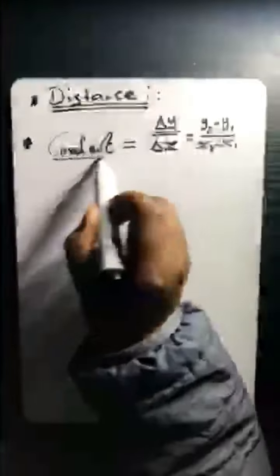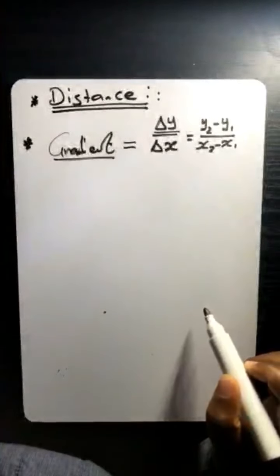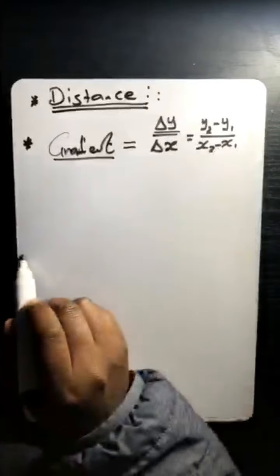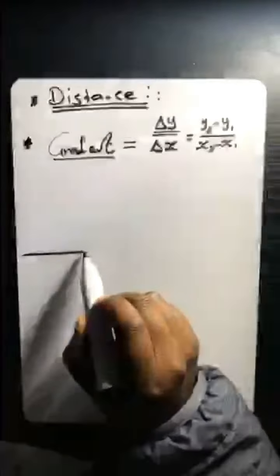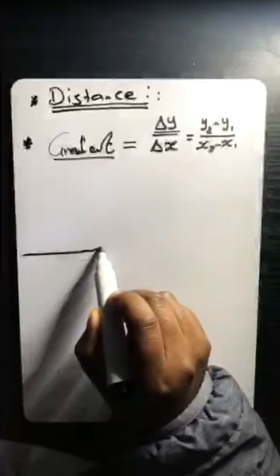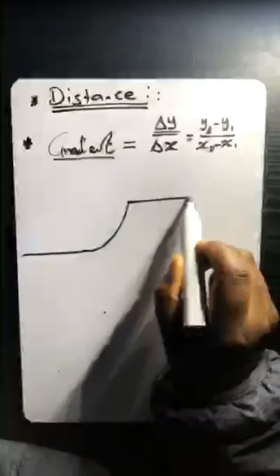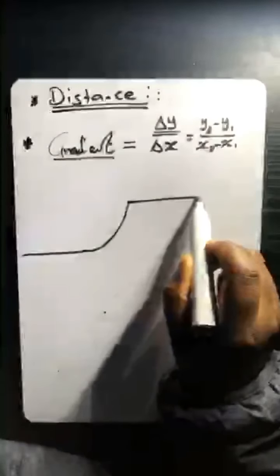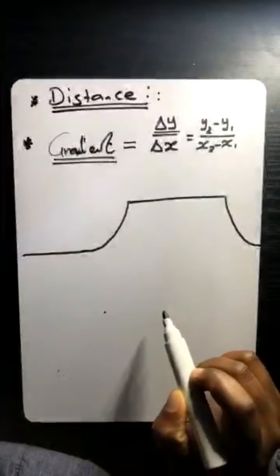When we talk about the gradient in real life, we talk about the slope. Let's say this is you in Cape Town, walking, approaching Table Mountain. At some point, because it's a mountain, it goes up like this, and then you've got the flat top of the mountain on the other side. So in real life, when we talk about the gradient, we are looking at how steep that Table Mountain is.